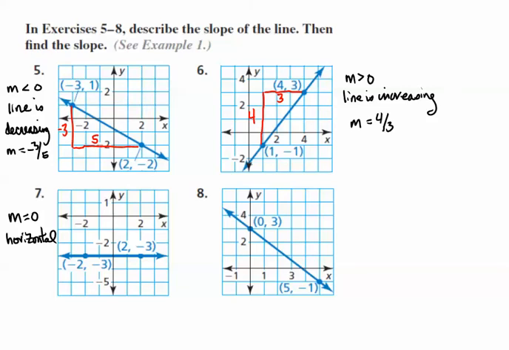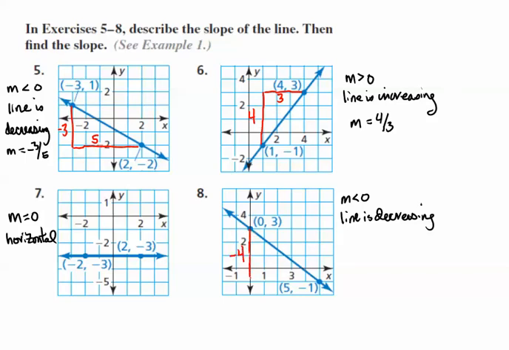In number 8, we see that the slope is negative. The line is decreasing. And if we're going to calculate the slope, we would start at the left point, go down 1, 2, 3, 4.